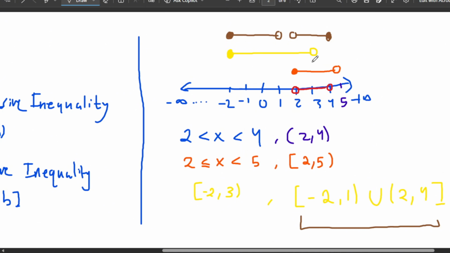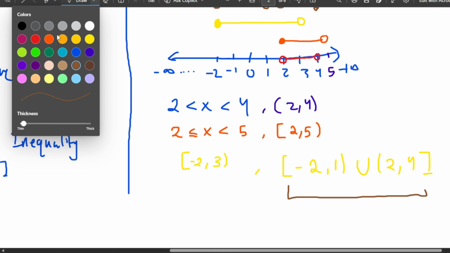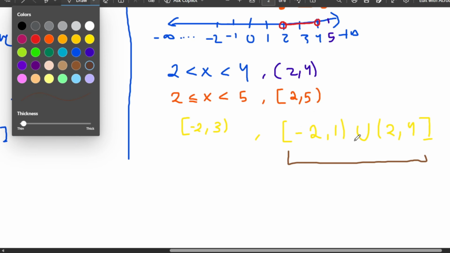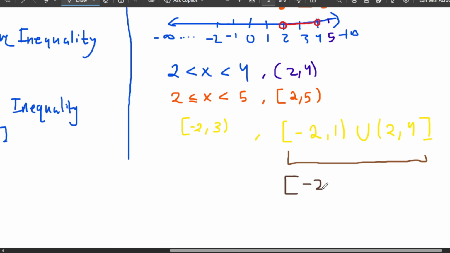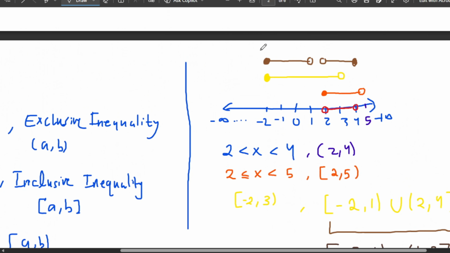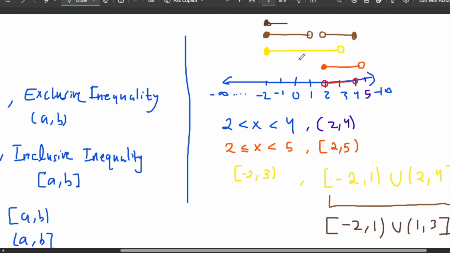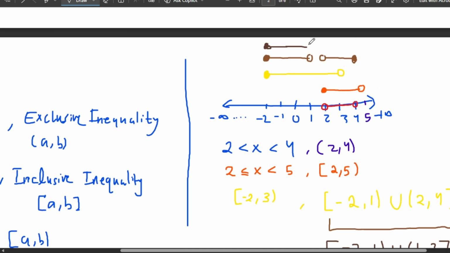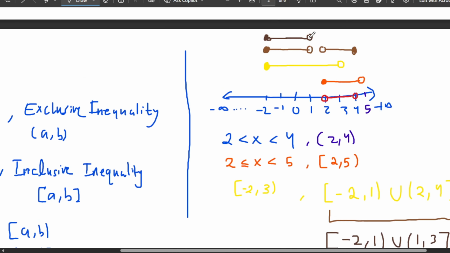Okay, but if it were to be like this, like -2 to 1, union 1 to, let's say, 3, that means again -2 is the same, go to 1 with an open bracket, and continue to 3.